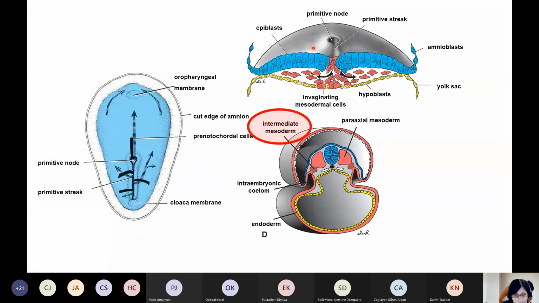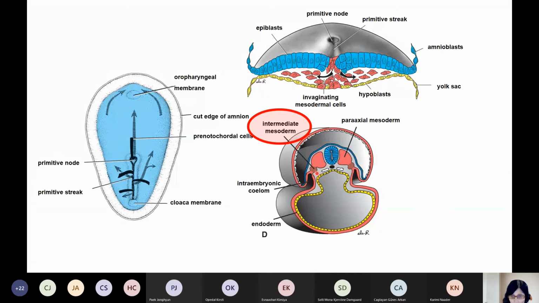And during this invagination, the epiblast cells will reach the layers below the epiblast, and from this middle layer, we will get the mesoderm. And during the differentiation of the mesoderm, we will get more parts of the mesoderm, like the paraxial mesoderm and the intermediate mesoderm or the lateral plate mesoderm.